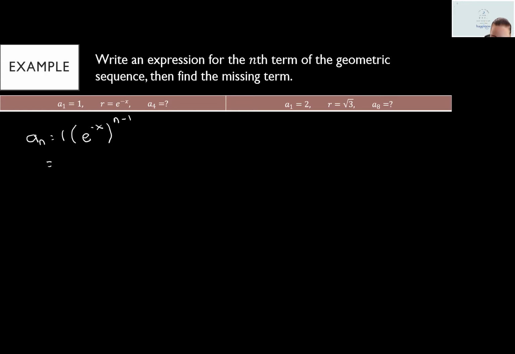When you have an exponent to an exponent, you can multiply those. So that would be negative x times n plus x, because you can distribute. You'd have negative x times the n, and then negative x times negative 1, and that becomes a positive x. So that is our a_n. Our expression is e to the negative xn plus x.